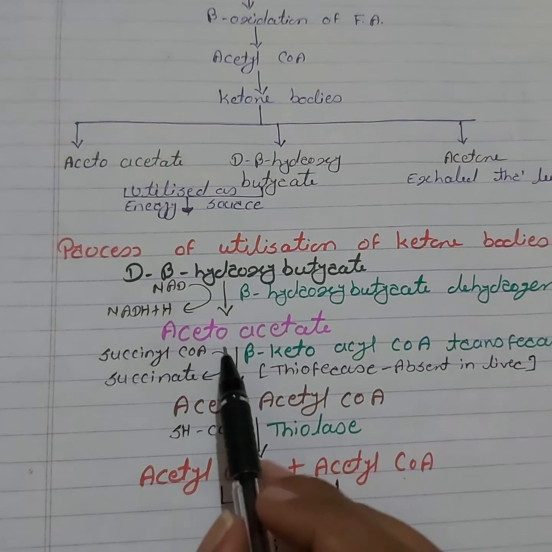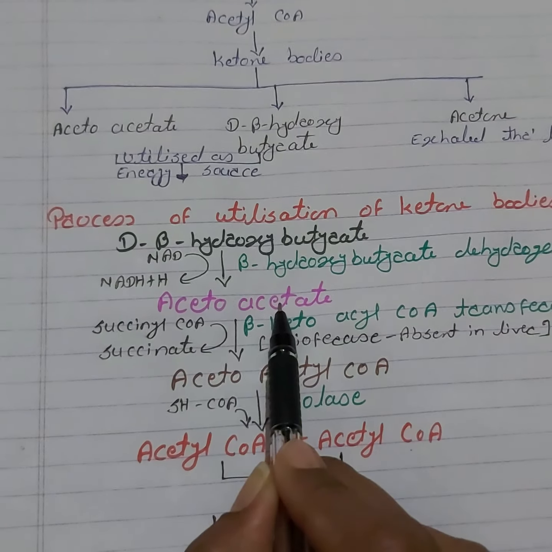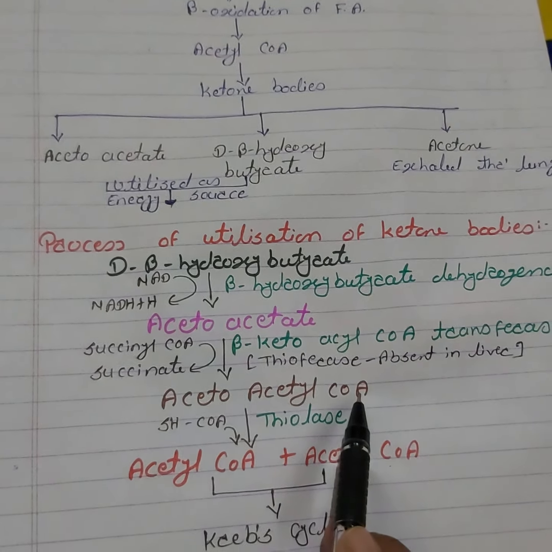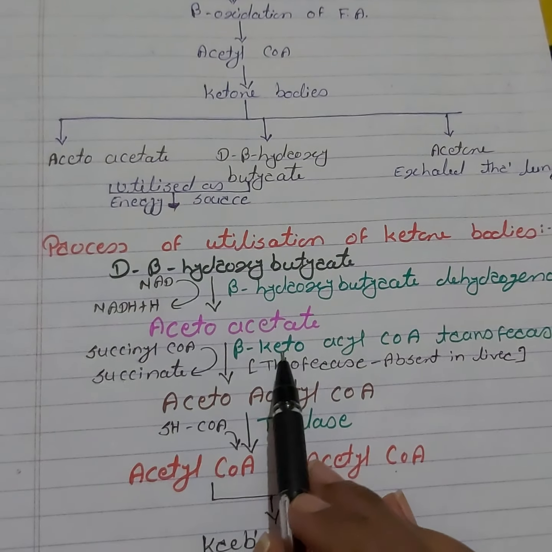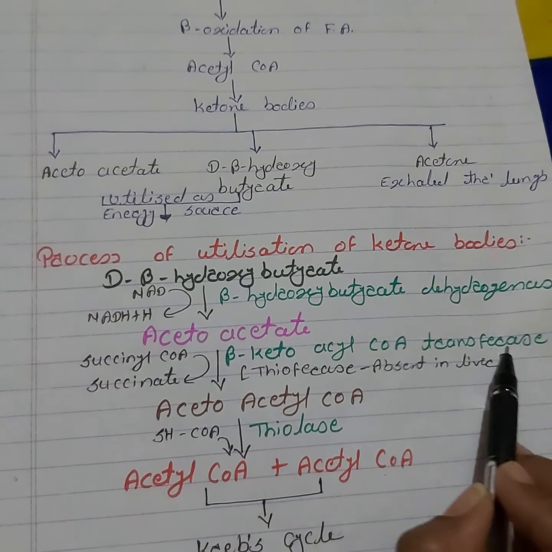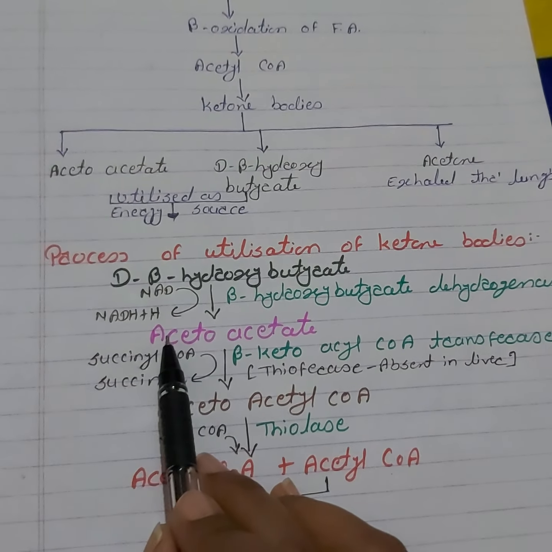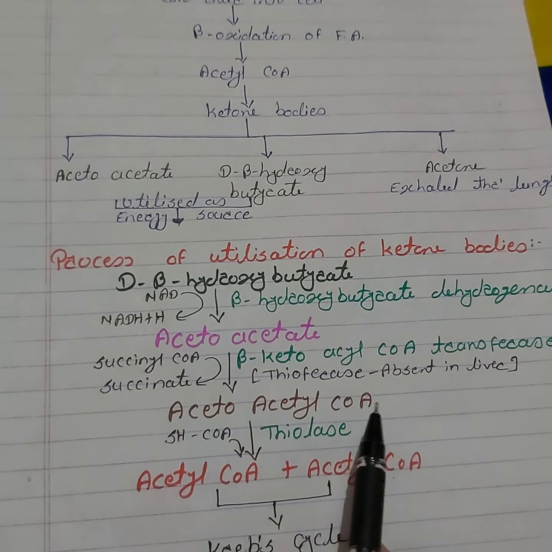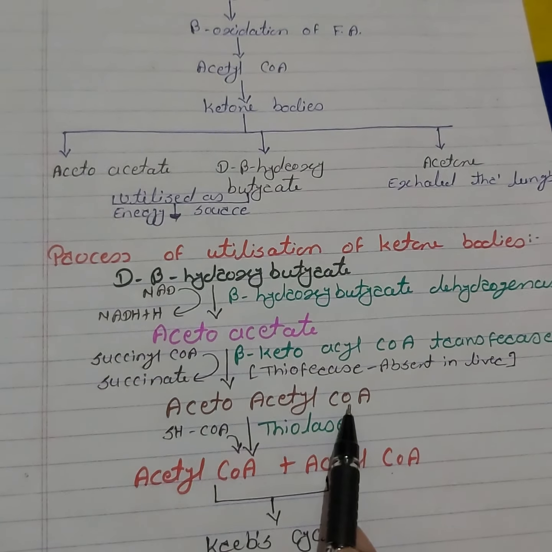In the next step, the molecule of acetoacetate will be converted into acetoacetyl-CoA. This reaction is catalyzed by beta ketoacyl-CoA transferase. During this reaction, for conversion of acetoacetate into acetoacetyl-CoA, we require one molecule of CoA.